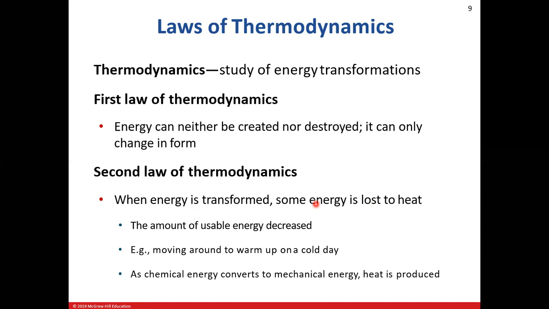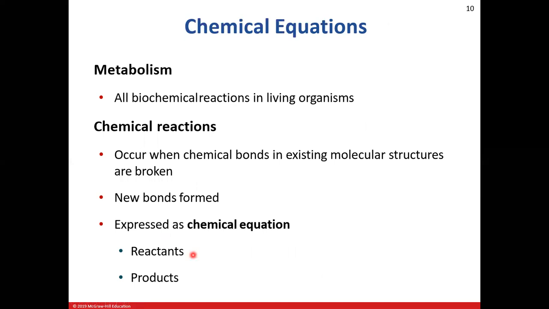So now when you touch that light bulb, you feel heat, okay? And the amount of usable energy really is decreased. So as you convert from one to the next, you start to lose some of that. And you'll see here moving around to warm up on a cold day is obviously one of those examples again of losing heat to energy. And again, as chemical energy converts to mechanical energy, we also then see heat given off. So again, heat is lost when energy is transformed.